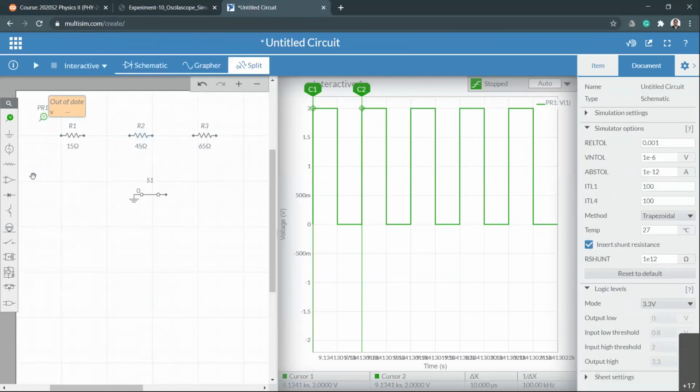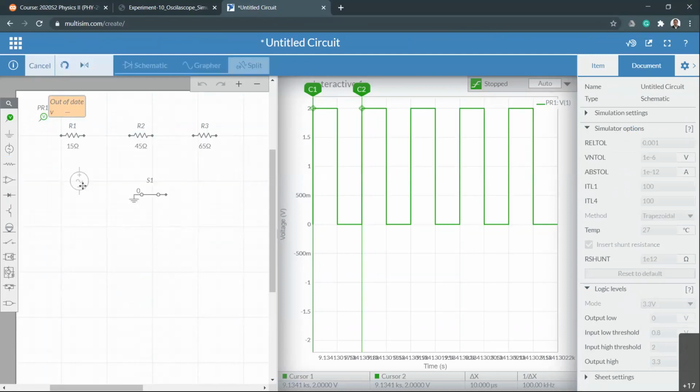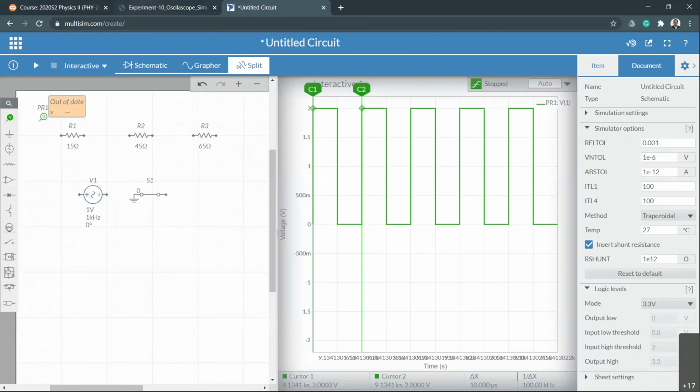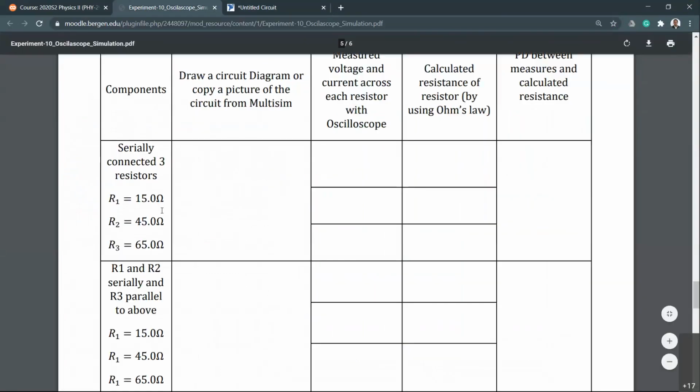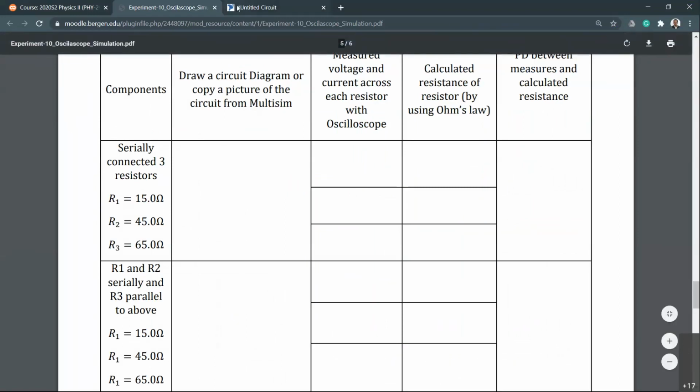Okay, then I need a new voltage, AC type voltage. And let's rotate this one also so the positive is to your left, okay? Otherwise you will not get the right output. Okay, let's use the voltage supply since it is not given any numbers. Use the frequency fixed number, voltage value also fixed. We're not going to change both of them.